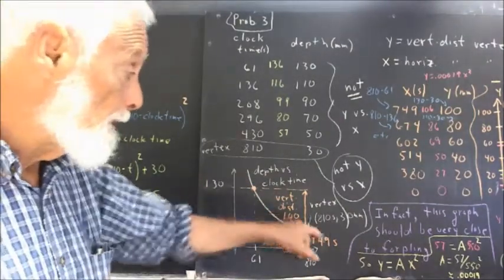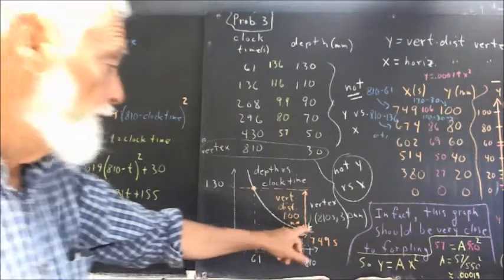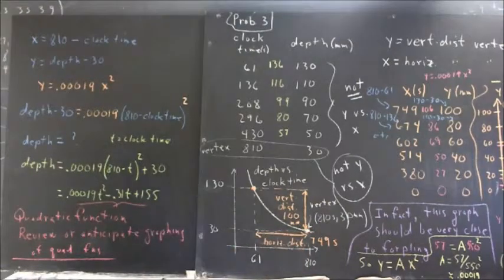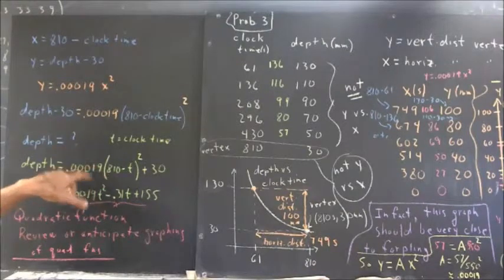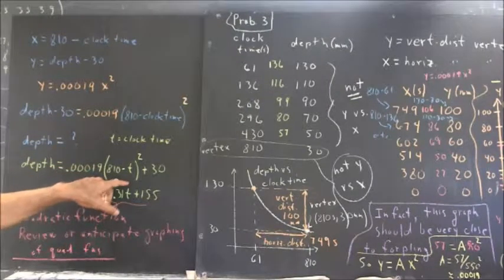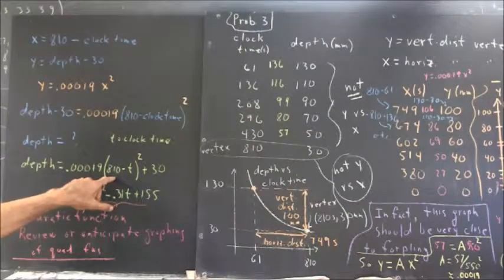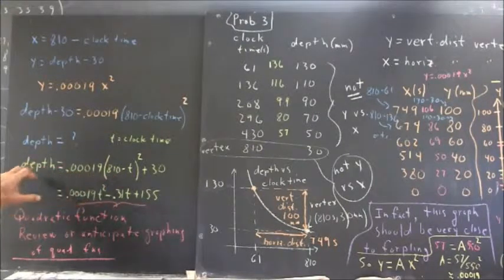So this is a parabola, and it has a vertex, and I'm not going to go through all the details of that, but the vertex in this case is just easily read. The vertex occurs when this term is 0, that's when t equals 810, and the depth equals 30.